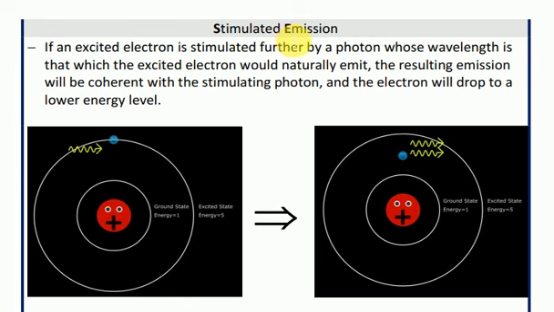Now if an atom in the excited state is stimulated further by a photon whose wavelength is the same as that which the excited electron would naturally emit, the resulting emission will be coherent with the stimulating photon, and the electron will drop to a lower energy level.